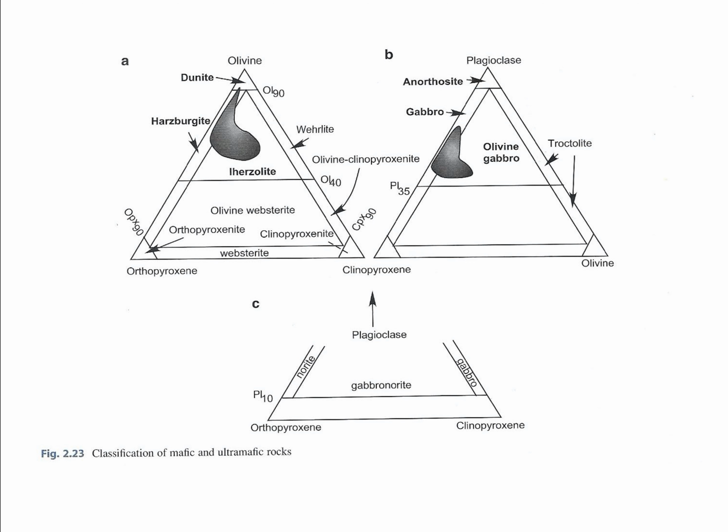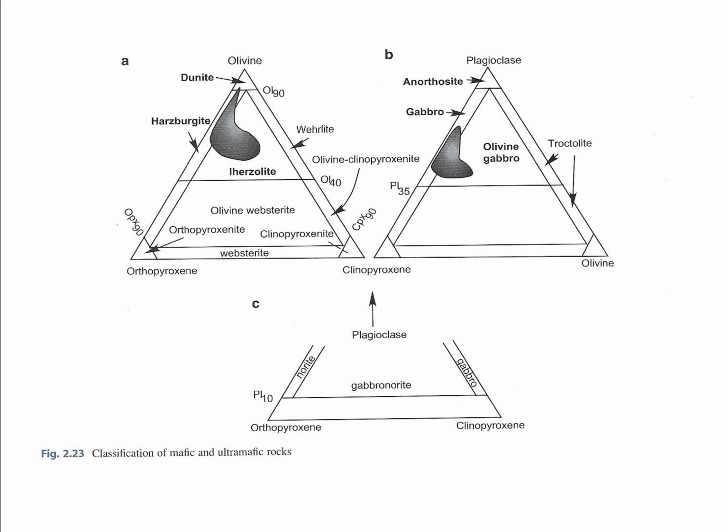If it consists mainly of olivine and orthopyroxene, we have a harzburgite. If the rock contains mainly olivine and clinopyroxene, we have a wehrlite. Or at lower olivine concentration, an olivine clinopyroxenite.